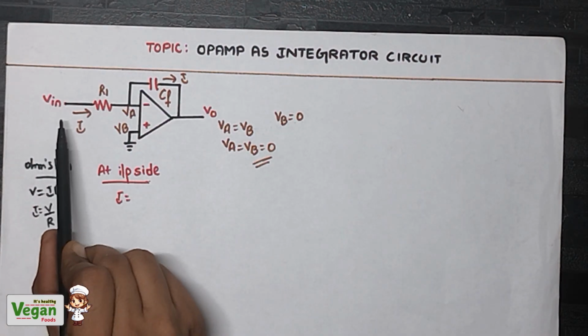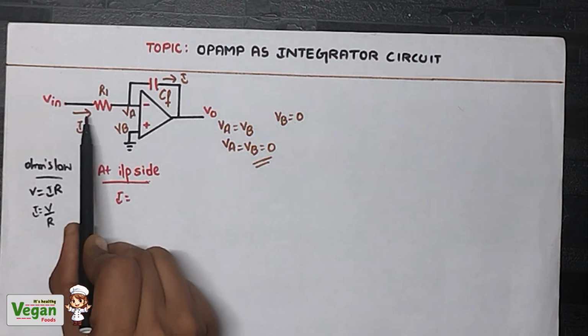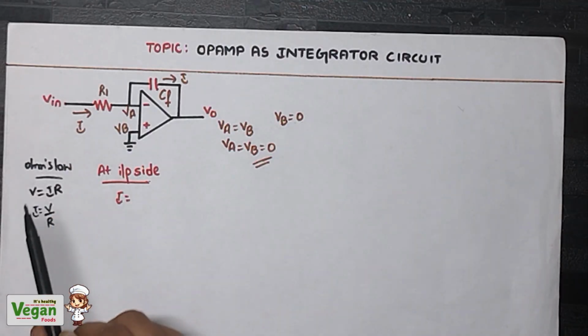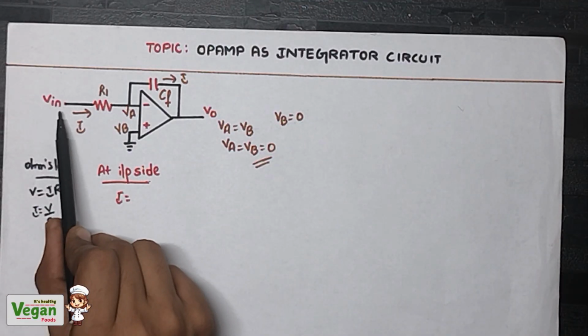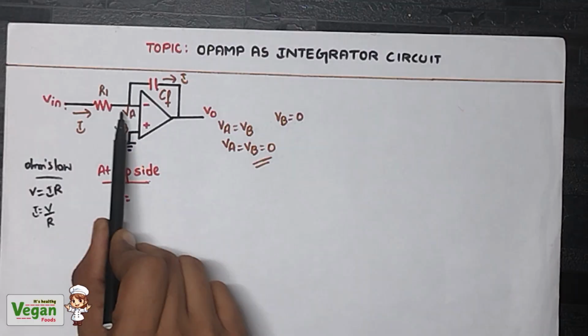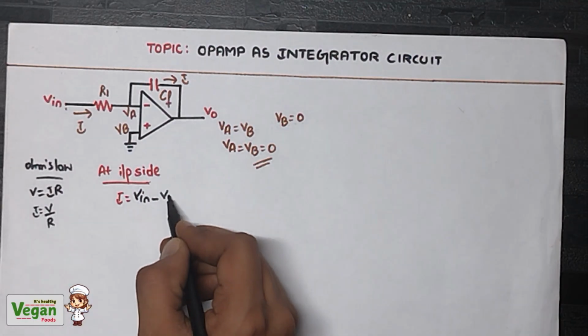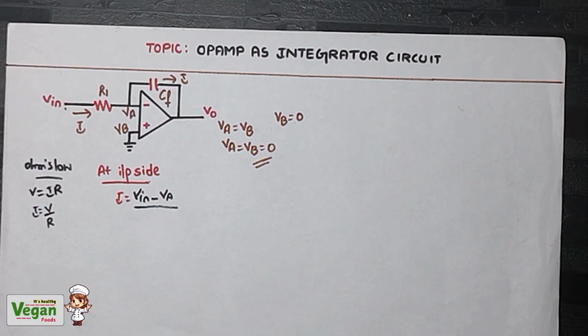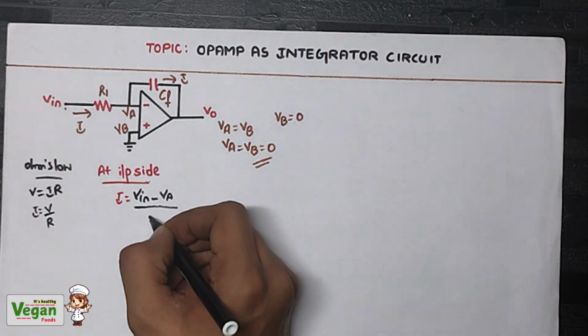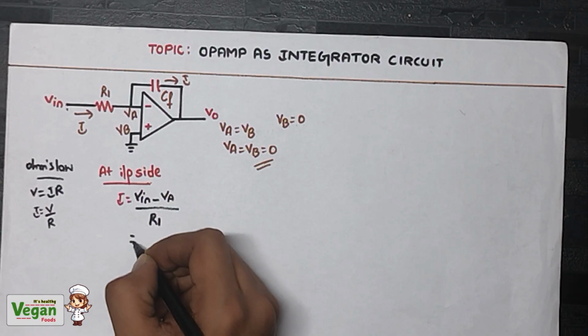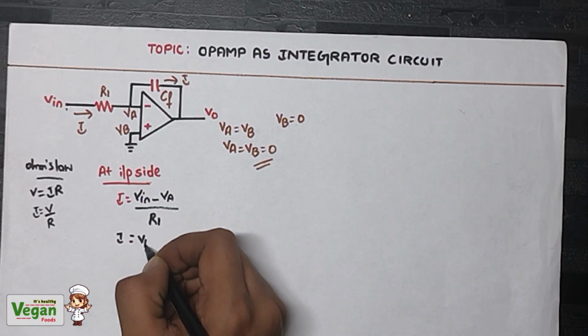What is the voltage in this input circuit, that is between Vin and VA? The current is moving from input voltage Vin towards VA. Therefore Vin minus VA divided by, what is the resistance? Resistance is R1. Therefore I is equal to Vin minus VA.